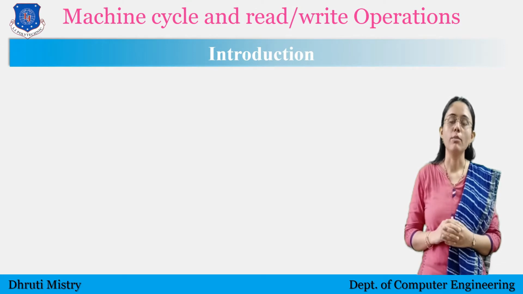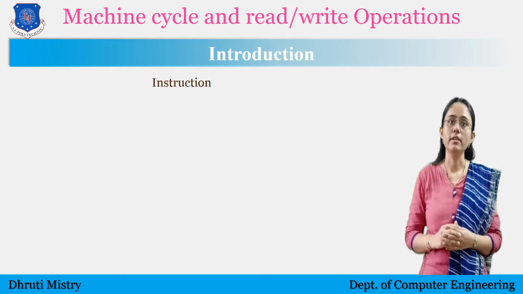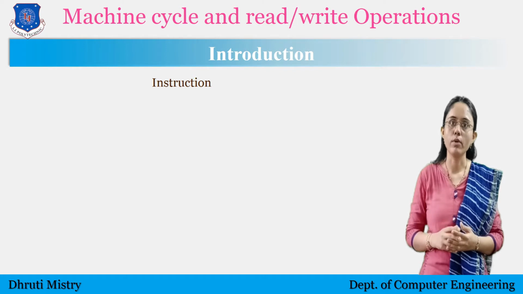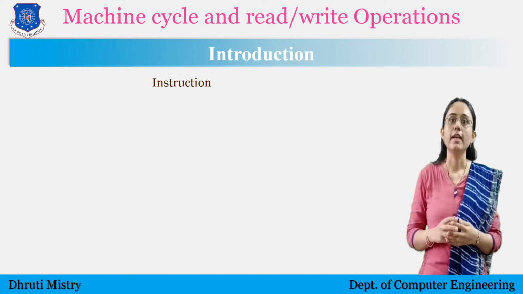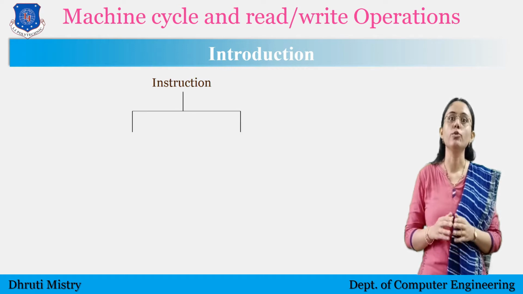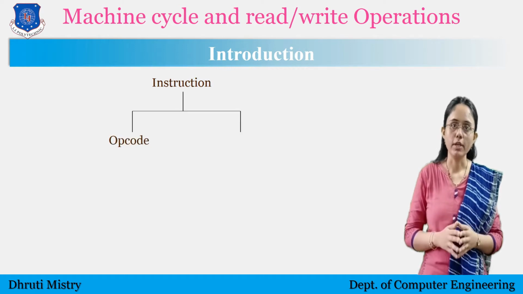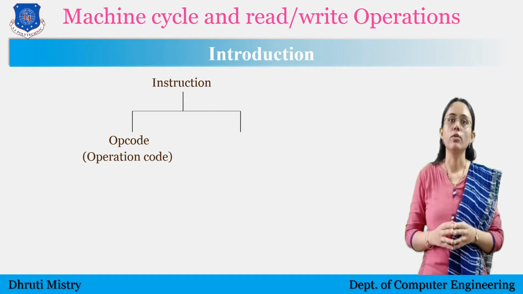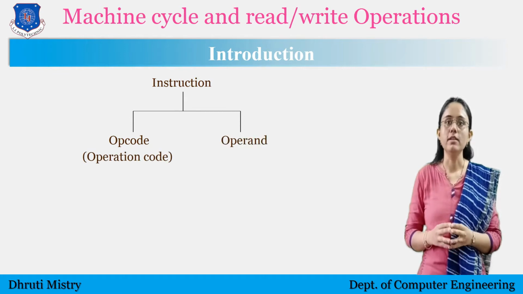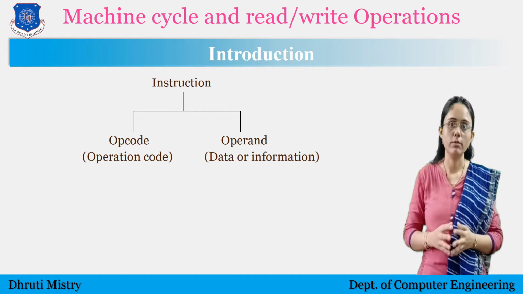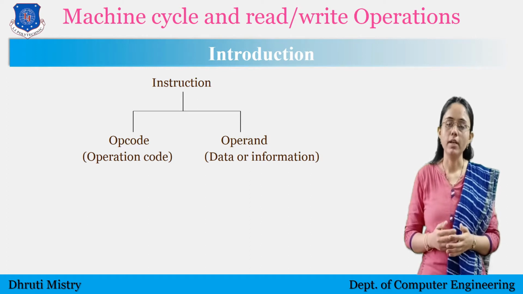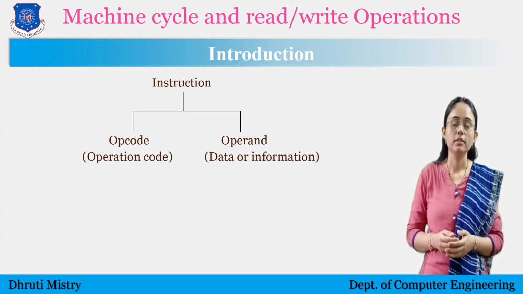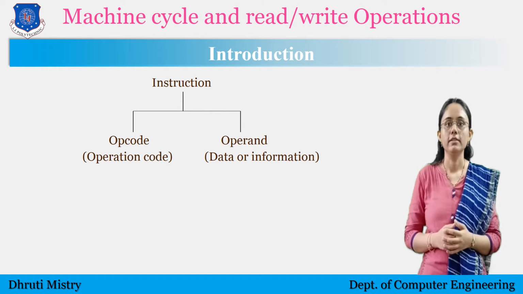As you all know about instruction, it is a command given to processor for performing a specific task. In 8085 microprocessor, each instruction is divided into two parts. First, OP code means operation code, and second, the operand means data or information. The OP code tells us what operation is, for example, add or subtract.